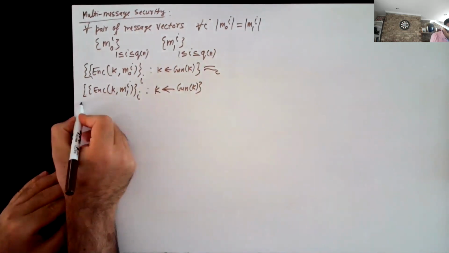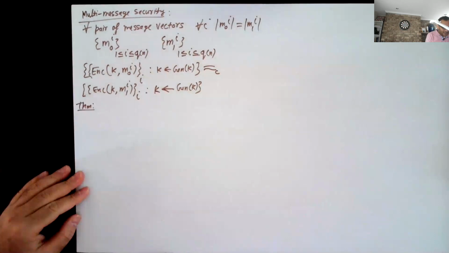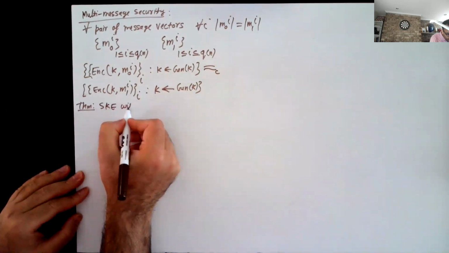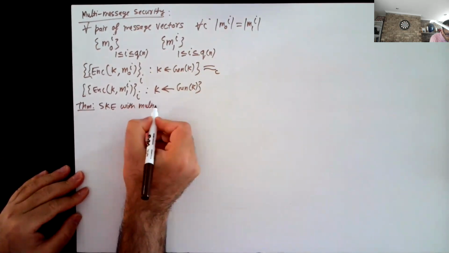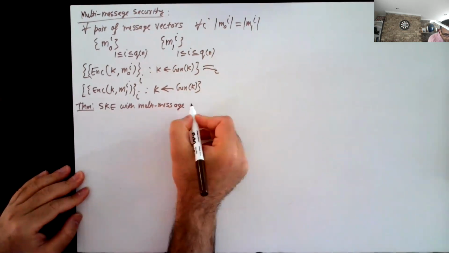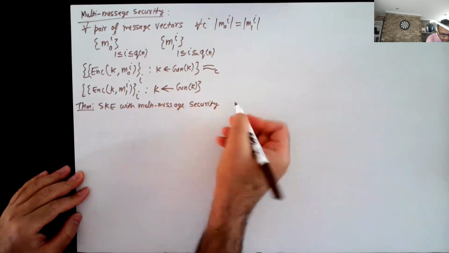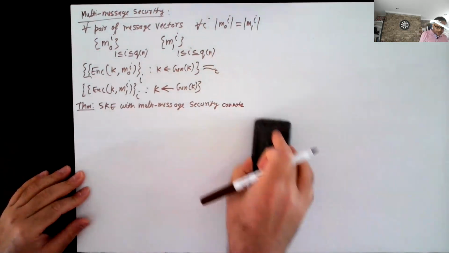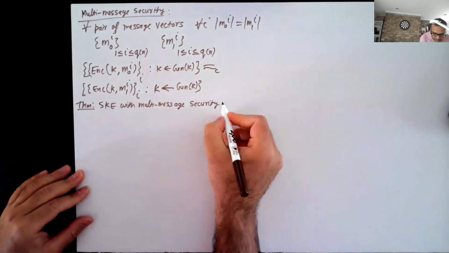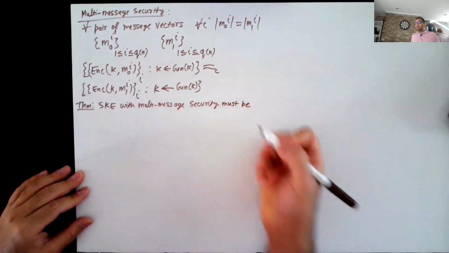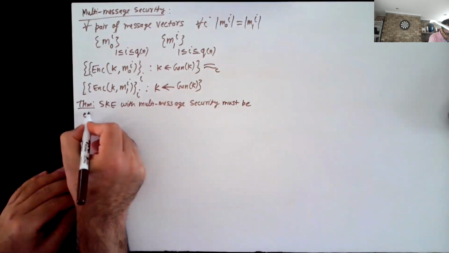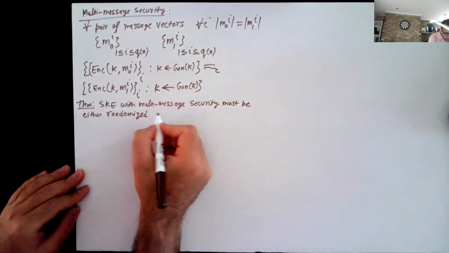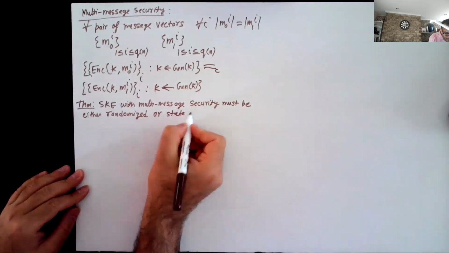So here is a theorem which says that any symmetric key encryption with multi-message security must be either randomized or stateful.